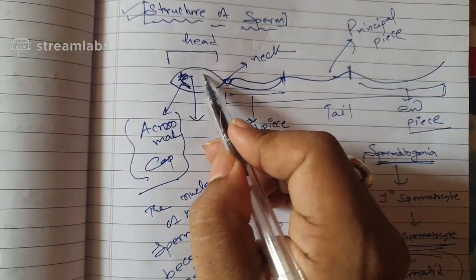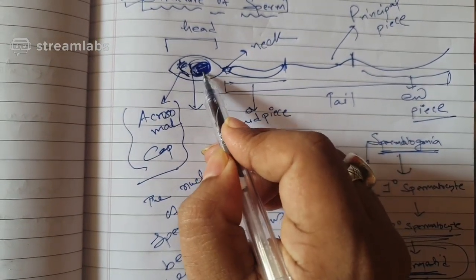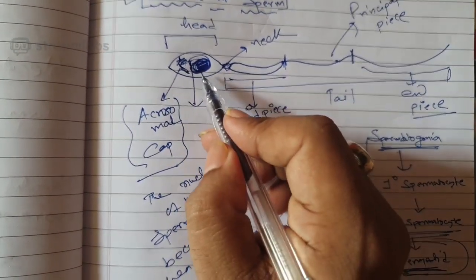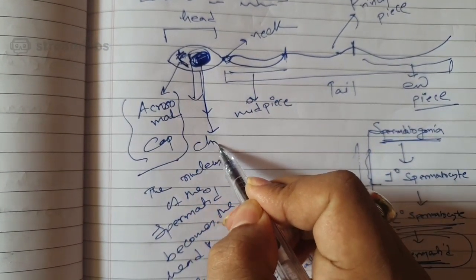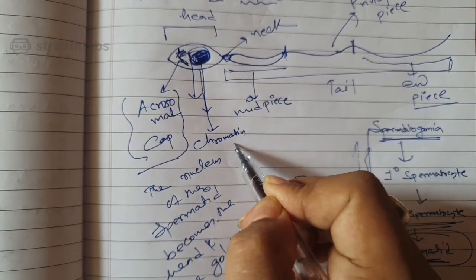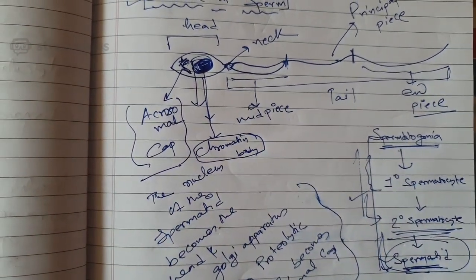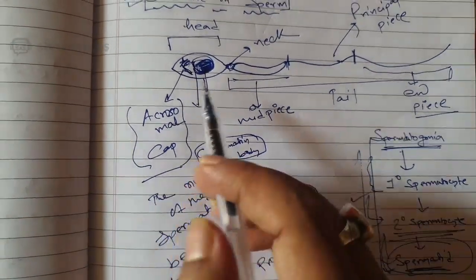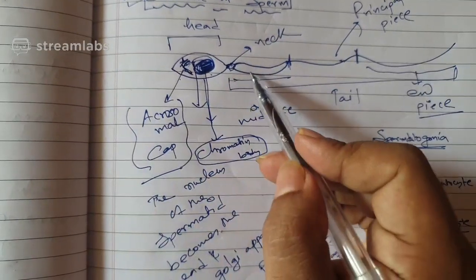Now under the acrosomal cap, inside the head, there is a highly condensed chromatin body. You should remember that. So inside the head there is the chromatin body and the acrosome.